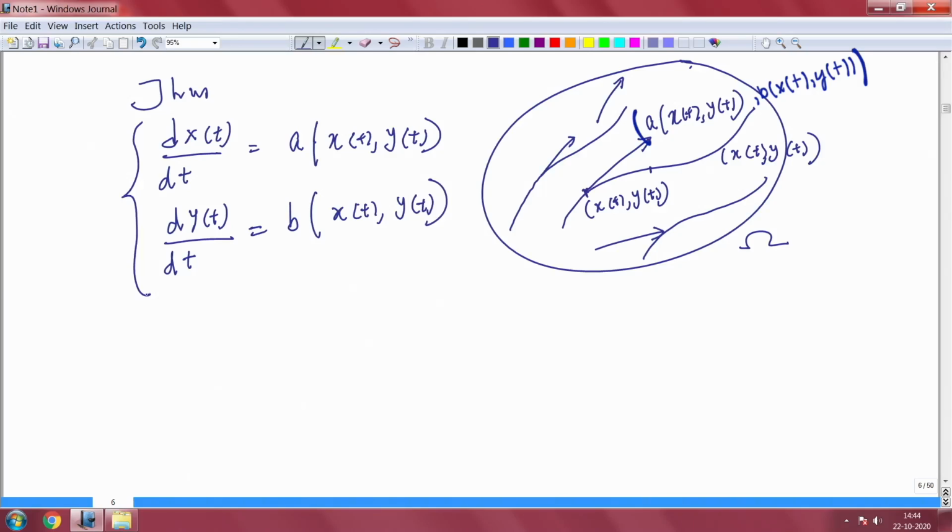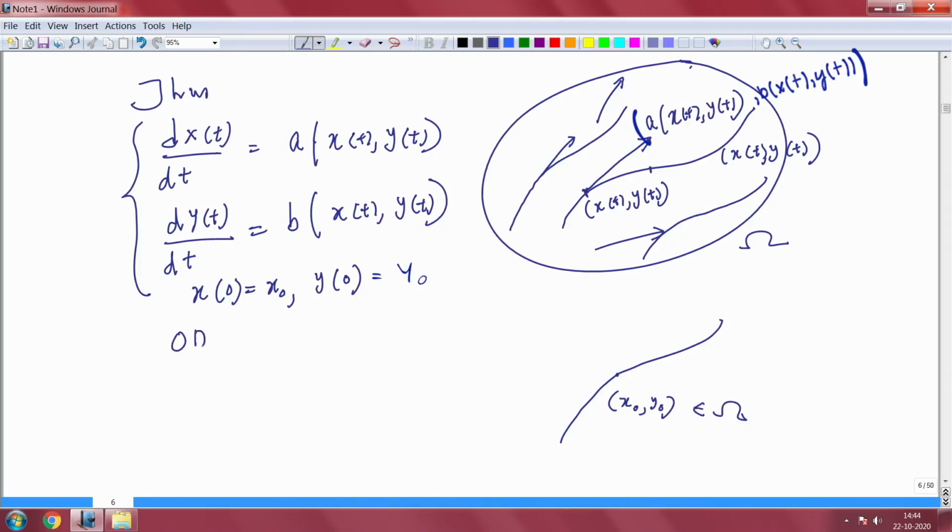So if you fix a point (x naught, y naught) in omega, it is a different picture, and look for a curve which satisfies x at 0 equal to x naught and y at 0 equal to y naught.